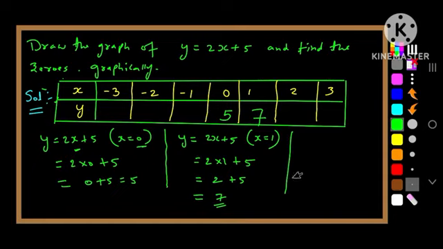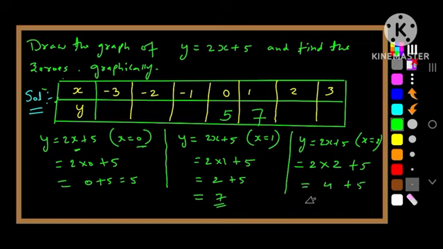So similarly, we will find out the next value. y is equal to 2x plus 5. So x is equal to 2 here. So in place of x we have to substitute 2, 2 into 2 plus 5. So 4 plus 5, it is nothing but 9. So this is our value. So similarly, we have to find out other values.